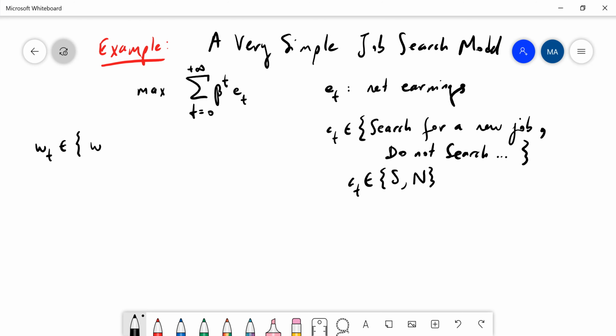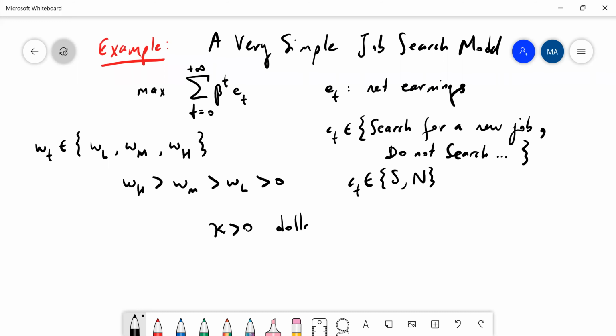Wage will be the state variable, and there are three wage levels in the economy, okay? So one wage is the highest one. Another level is the medium one, and there's also this WL, okay?